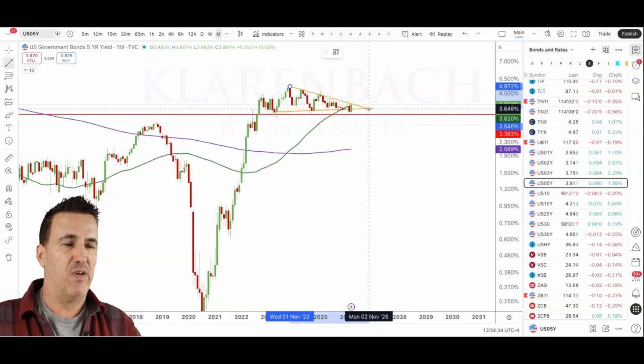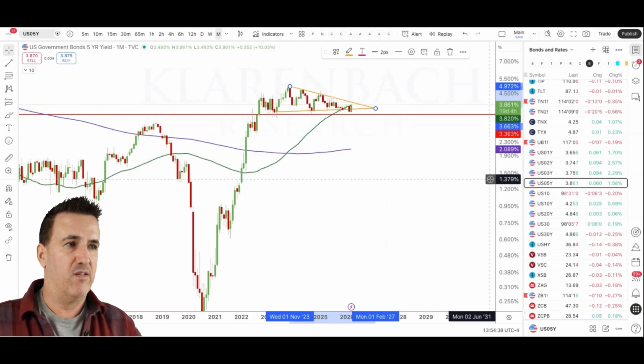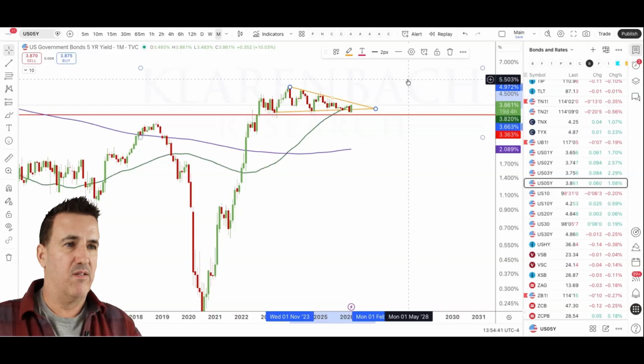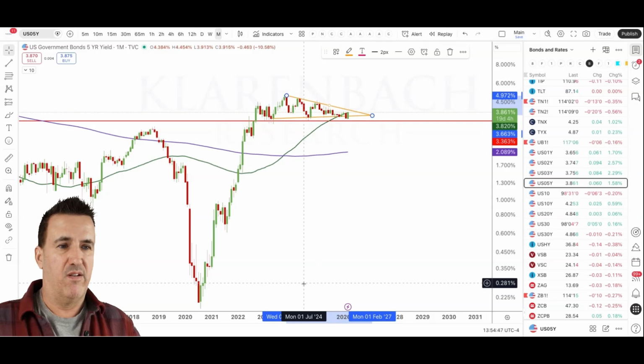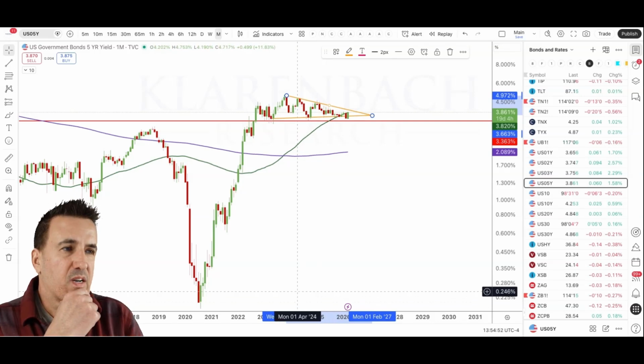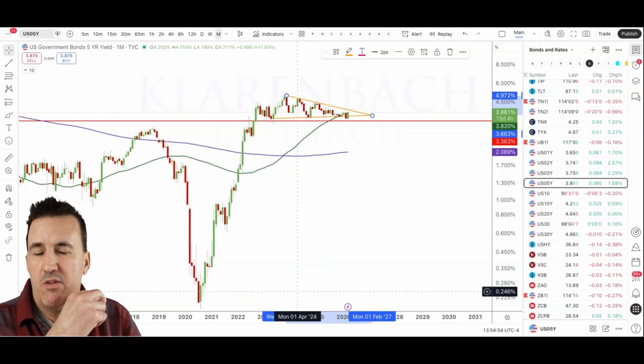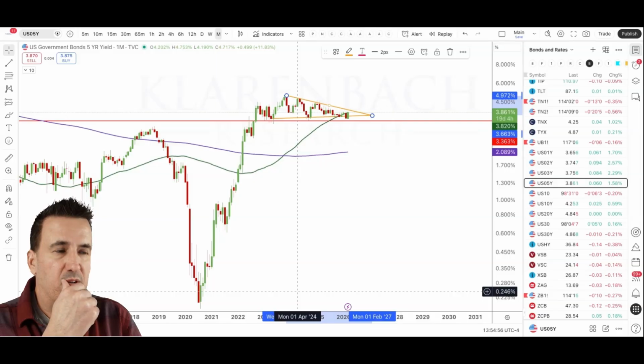I guess it's a pennant, is what it is. And again, we're likely to see a 100 basis point move here shortly, but again, we're looking at a 3.5%, maybe 3.6% move in interest rates, and that's quite significant.